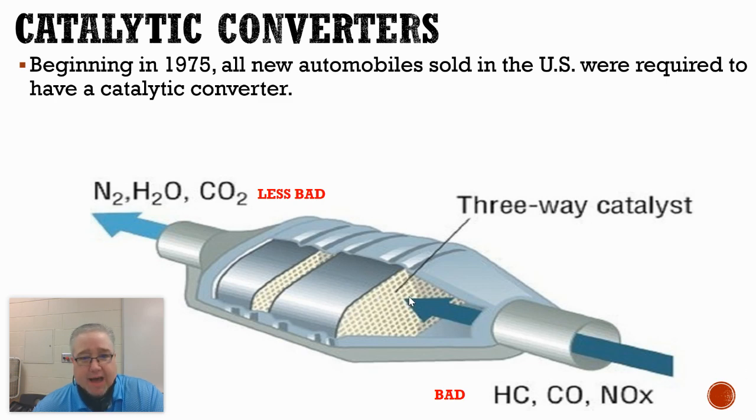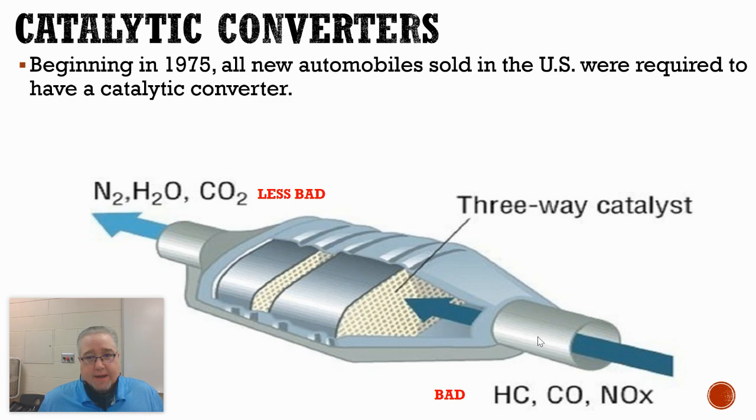Now, inside of the converter, I'm not going to get into the chemistry of this too much, but there's a catalyst inside. It's usually made of things like palladium or platinum. Chemical reactions take place on that catalyst that convert these bad compounds into other things.